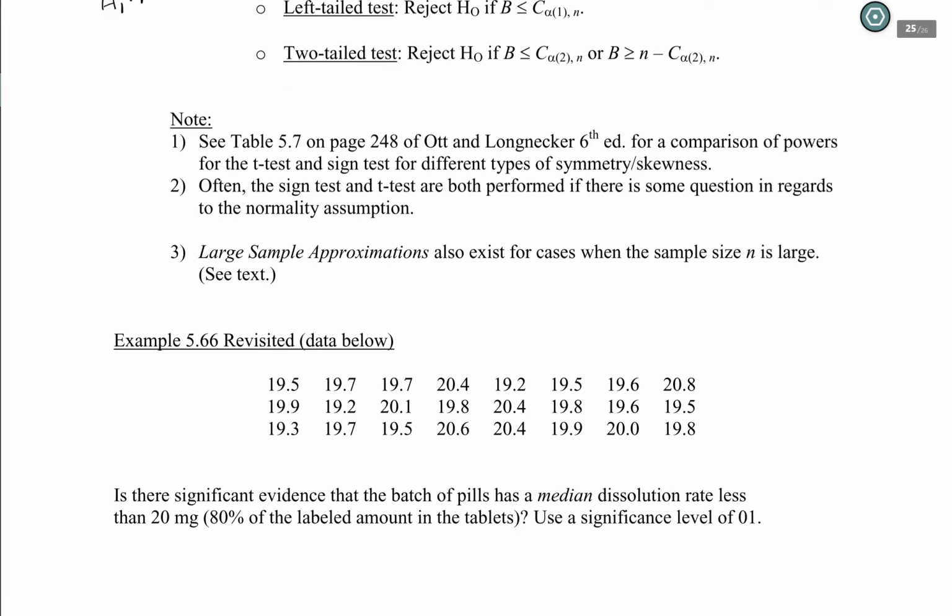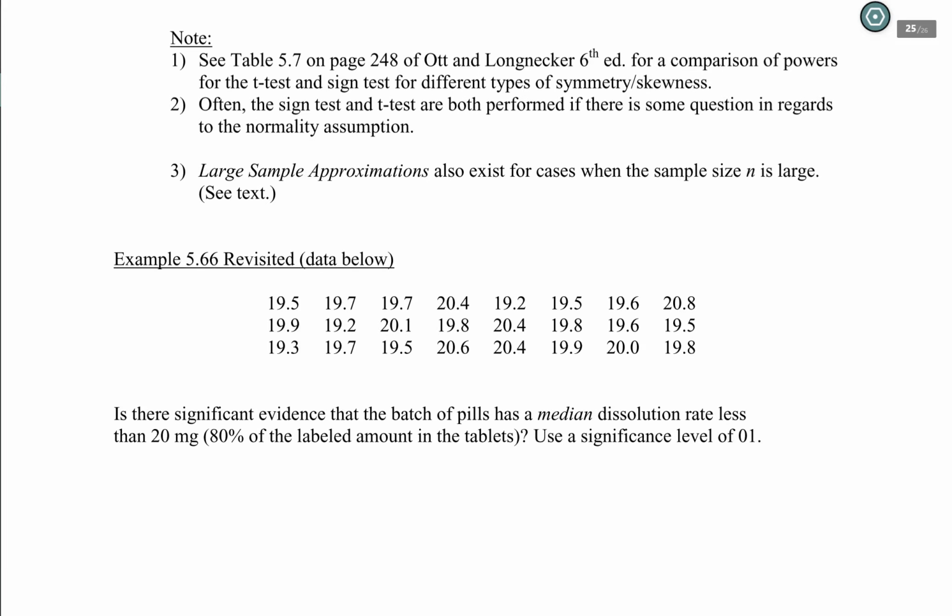Now one thing I do want you to be aware of, in the textbook in table 5.7 there's a comparison of powers for the t-test and sign test for different types of symmetry and skewness. So let's take a look at that momentarily.